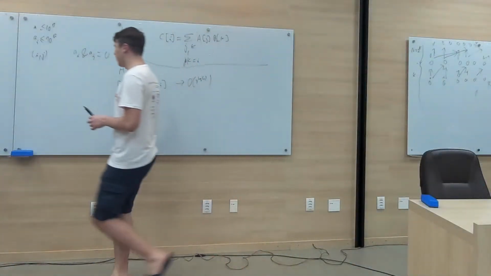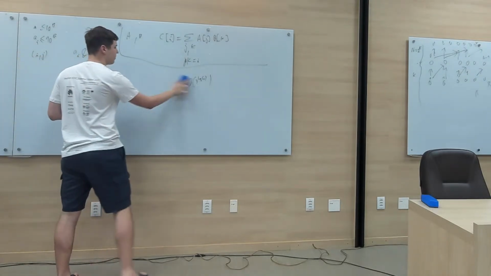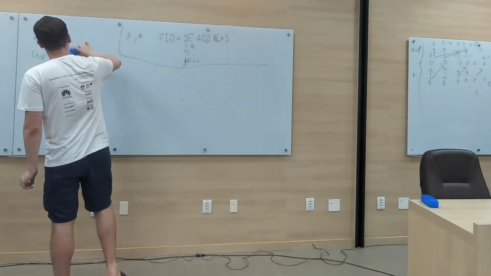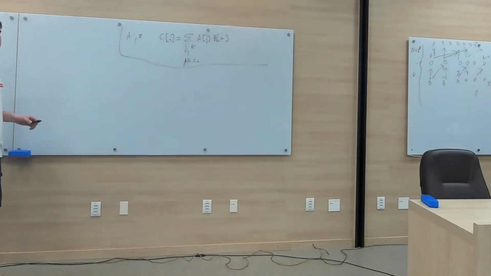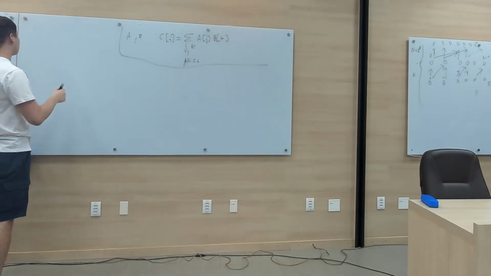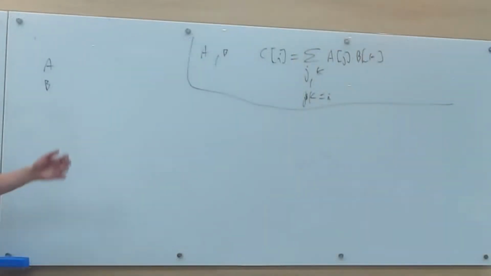Cool. So we now know how to calculate sum over subsets and inverse sum over subsets very fast. So how does it help us? Let's have two arrays A and B, and we want to do this convolution.